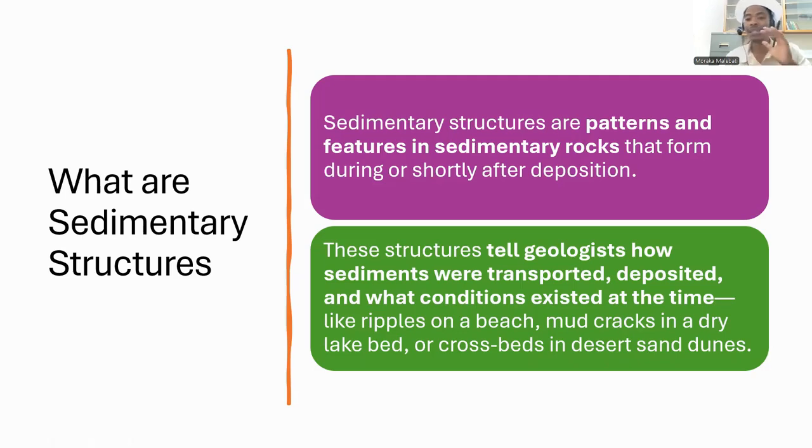They tell us about the past environment. For example, if we see ripple marks that are oscillating back and forth, you can tell that back in the days, the water was moving back and forth.